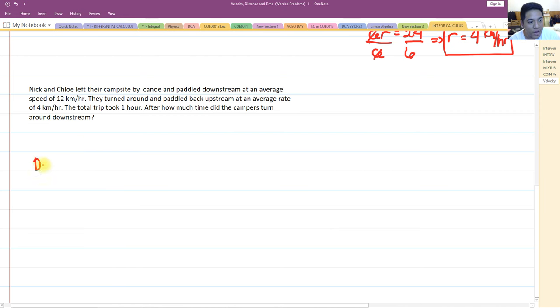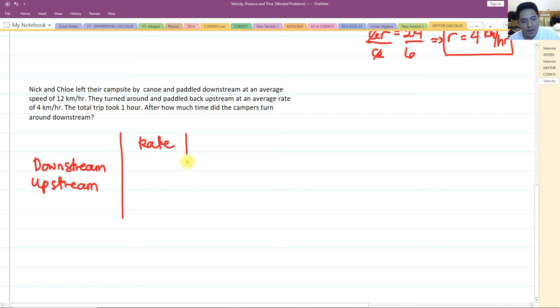So we have two kinds, downstream and upstream. Again, you have the rate here, and of course you have the time, and then you have the distance.